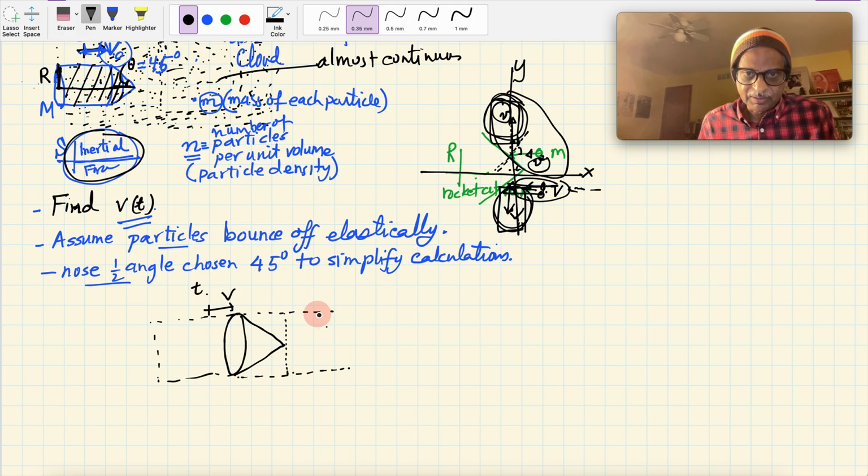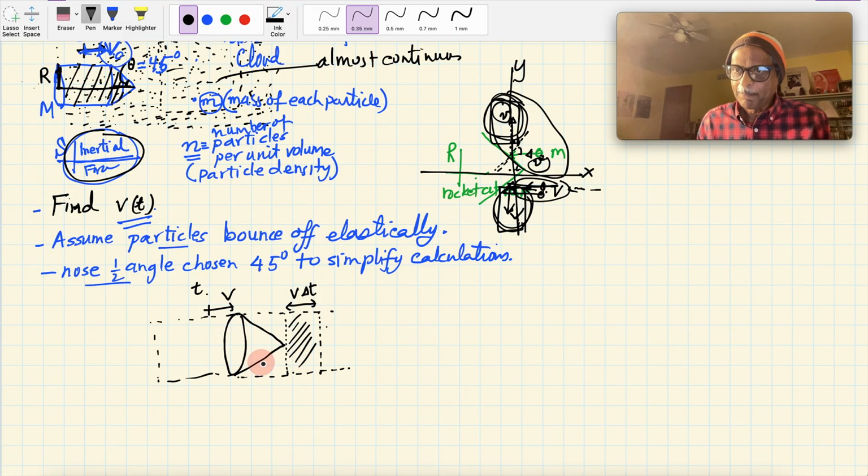Let's look at this. If this distance is v delta t, then in the very next delta t, the particles in this volume will strike the nose. Because if the nose goes all the way there, then all these particles will have hit it.